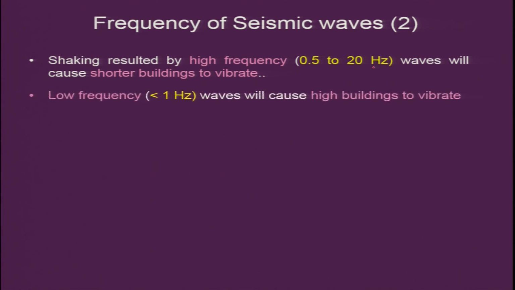The low frequency waves are usually less than 1 hertz, mainly the surface waves, and these will cause high buildings to vibrate. So, we can conclude that both shorter and taller buildings will vibrate, because both body waves and surface waves are generated during a particular earthquake.